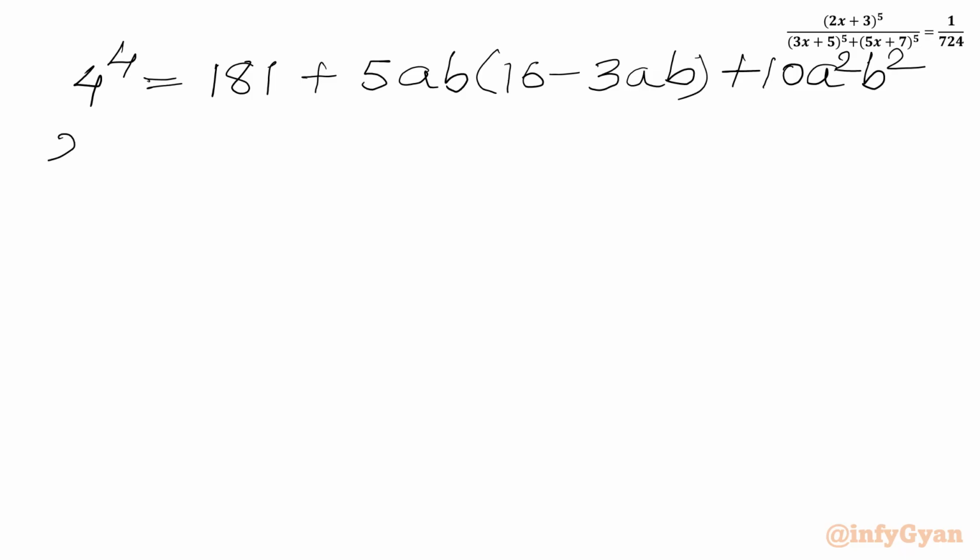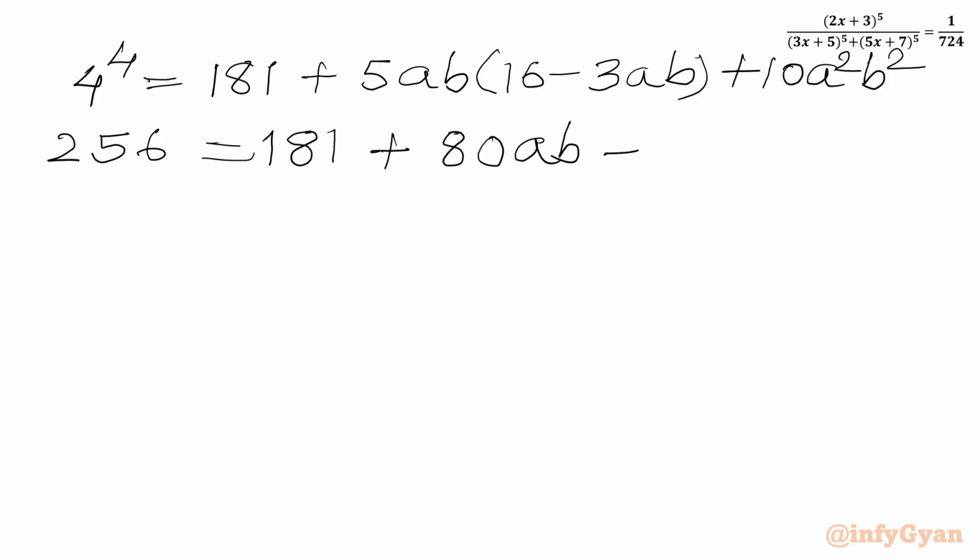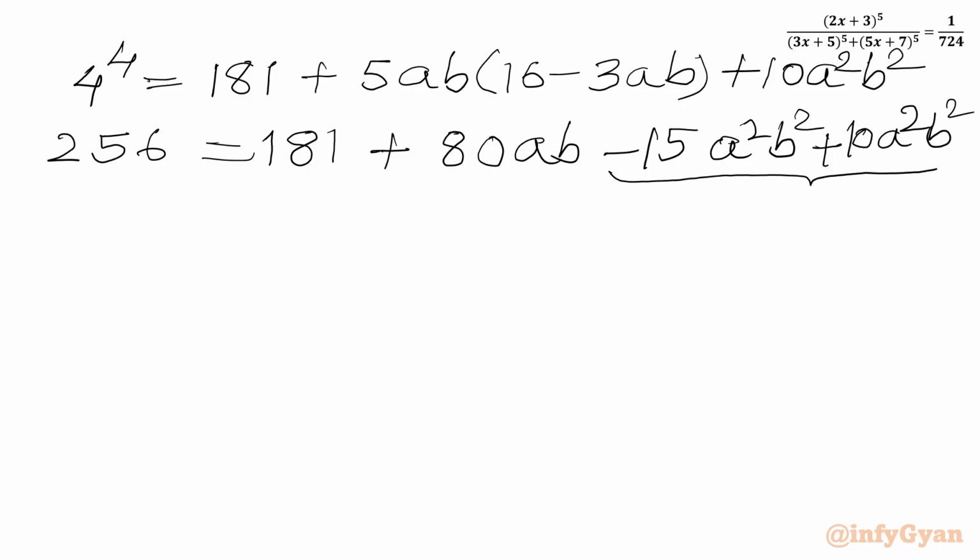Now 4 power 4 is 256 equal to 181. Then I will multiply or expand. I can write 5 times 16 is 80AB minus 15A square B square plus 10A square B square. Let's take all the terms to LHS. So I can see here this is minus 5A square B square.